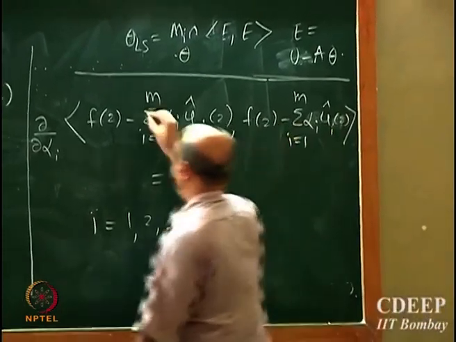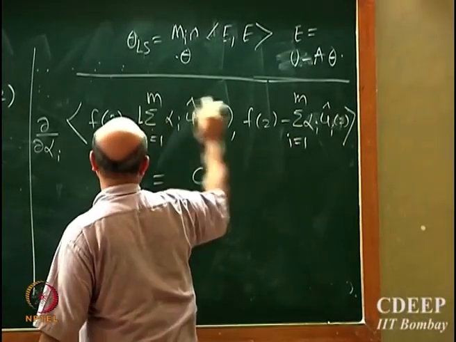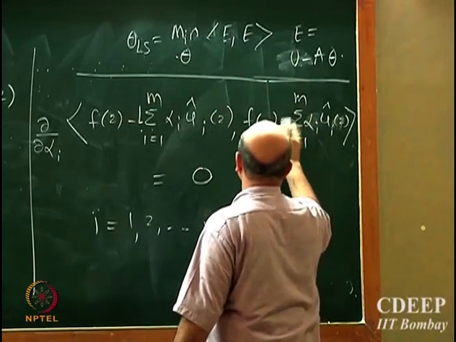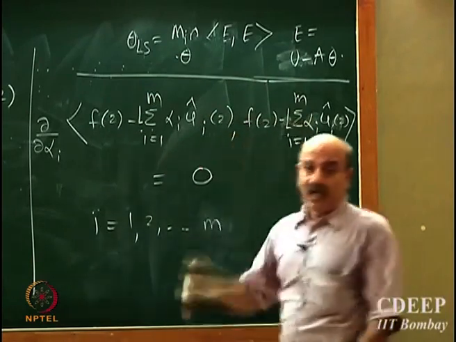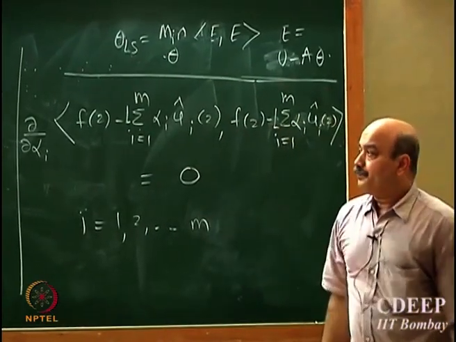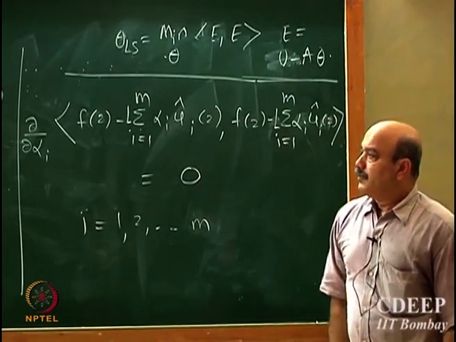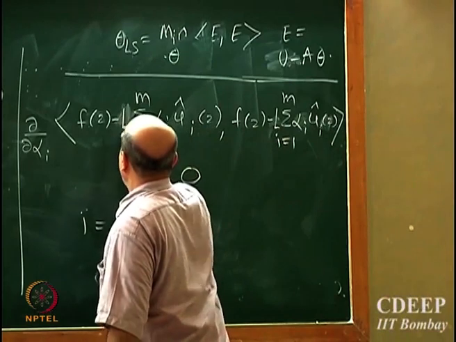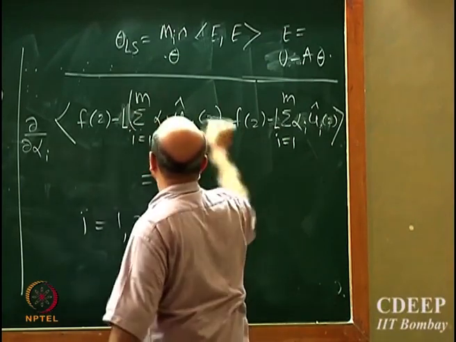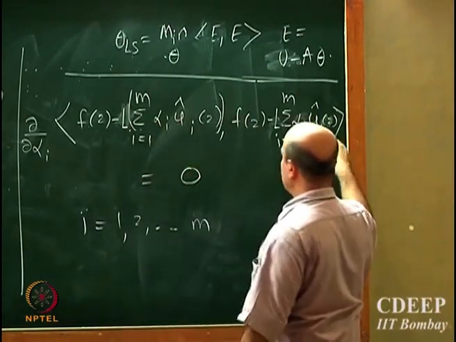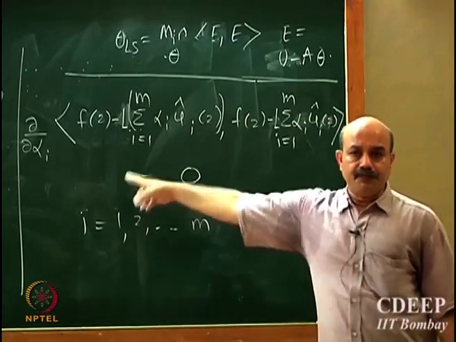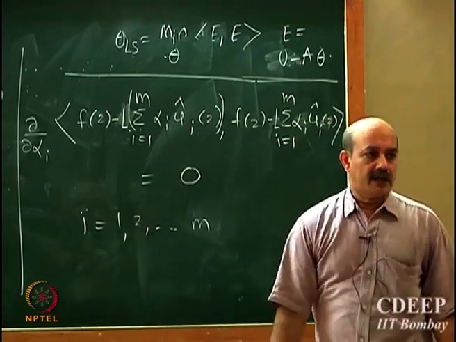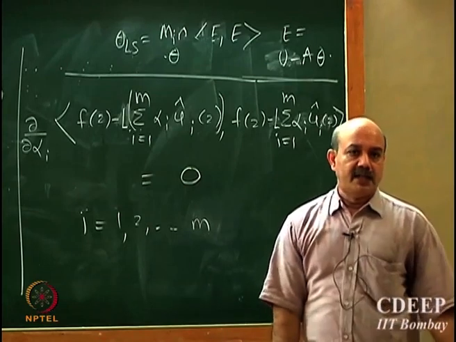Yes, the operator L operating on this. Thanks for the correction. So L operates on F and L operates on the summation, and I have to take the derivative and set it equal to 0.